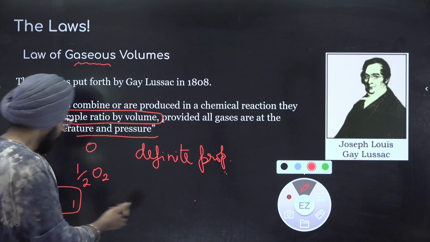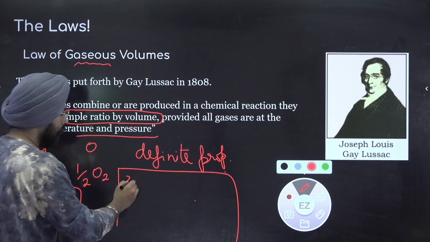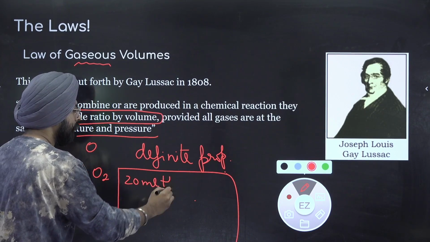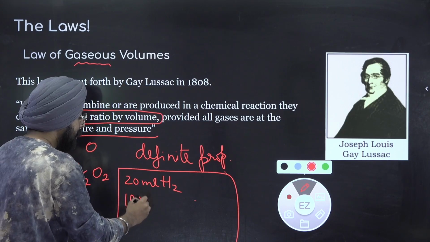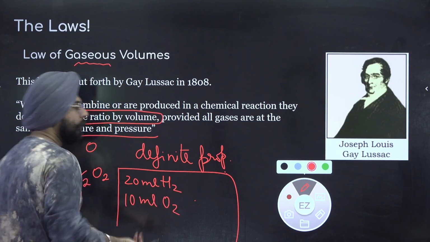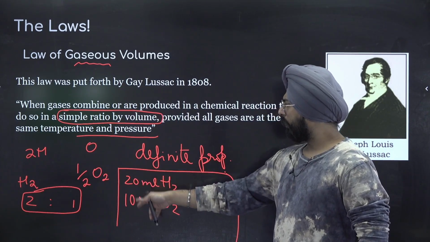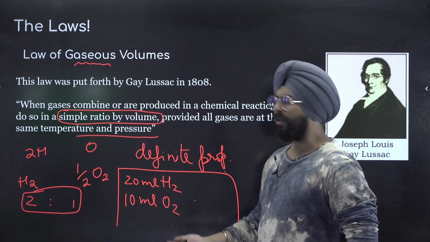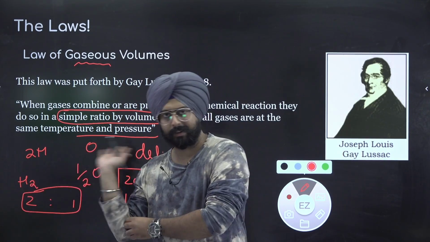So, if you are trying to make water out of hydrogen and oxygen, if you are taking 20 ml of hydrogen, let's say, then 10 ml of oxygen will combine with hydrogen to give you water. Simple ratio 2:1. So later on people realized that molecules are proportional to volume and that's why this is happening.